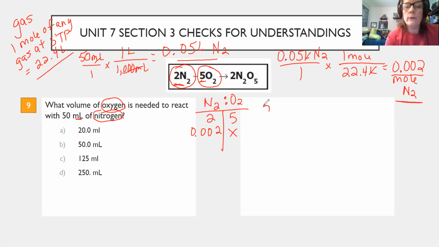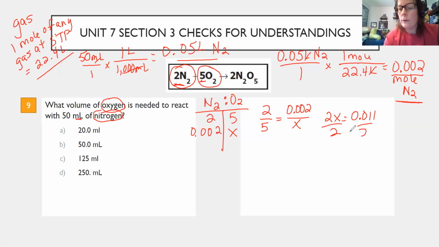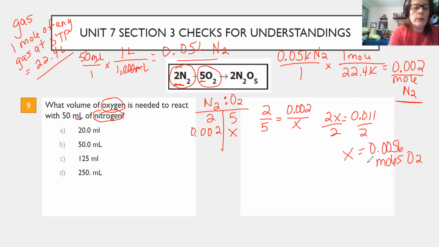So set up your molar ratios, and then solve for x. 2 times x is 2x, and when you take 5 times 0.002, you get 0.011. Then solve for x, and x is equal to 0.0056 moles of oxygen.